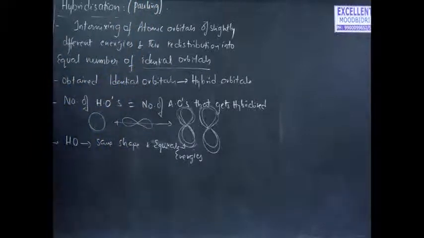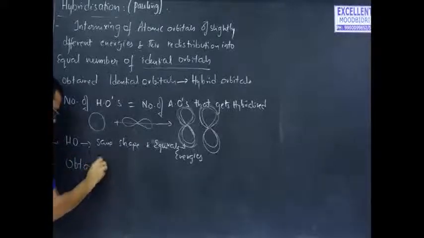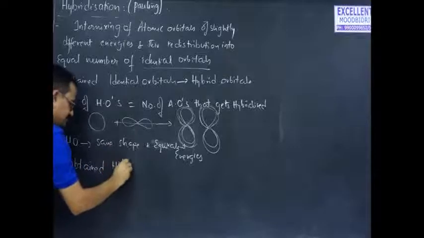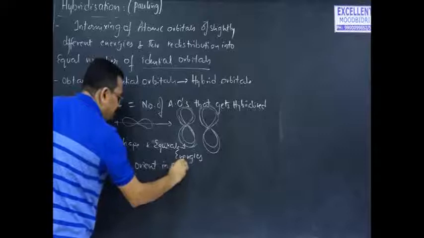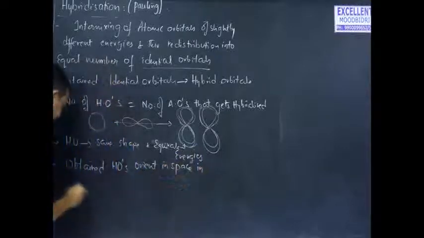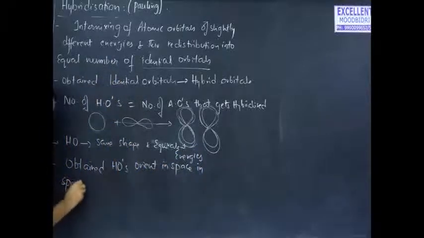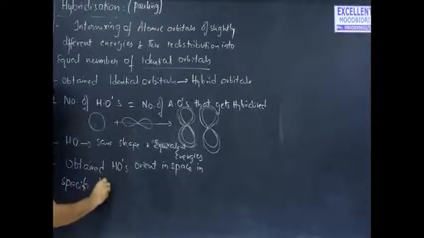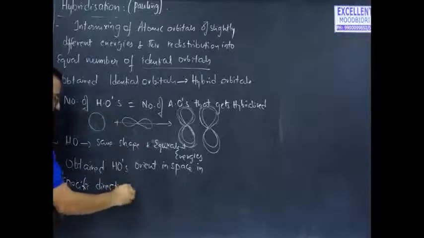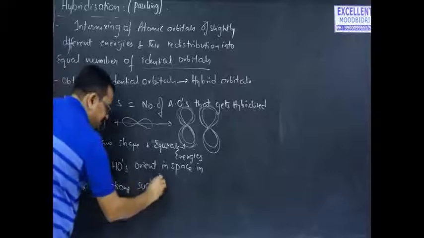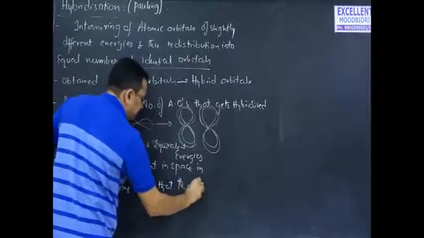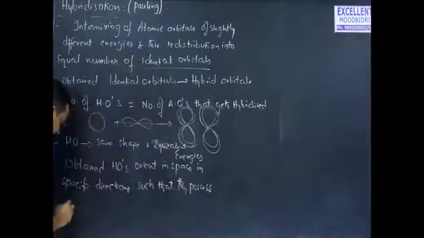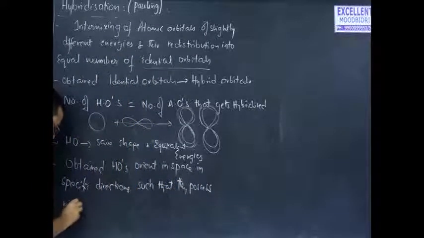And at the same time, these obtained hybrid orbitals orient in space in specific directions such that they possess minimum repulsion between them.